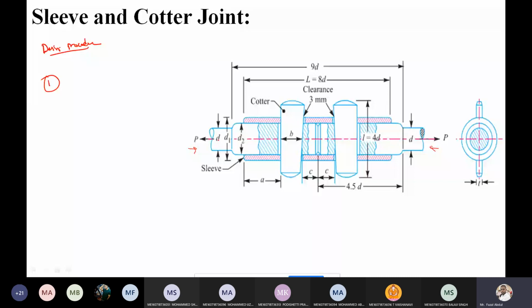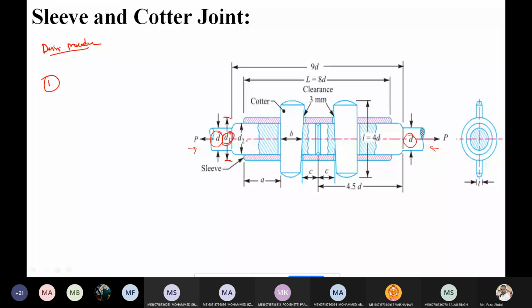See here, small d represents the diameter of the rod, and small d1 means the outside diameter of the sleeve. D2 means the diameter of the enlarged rod.